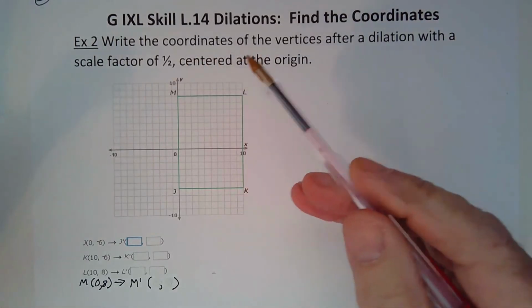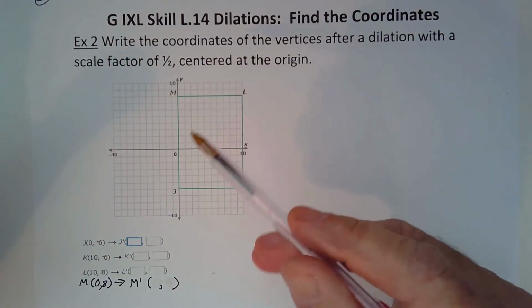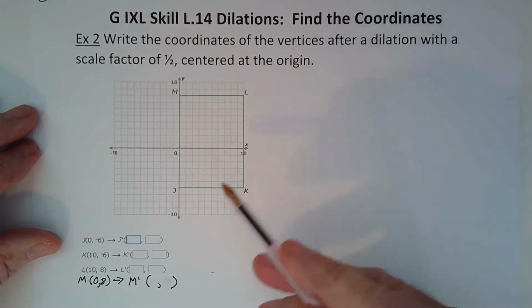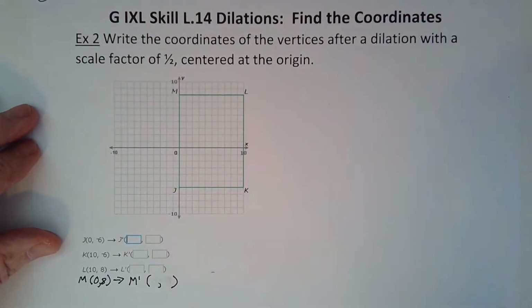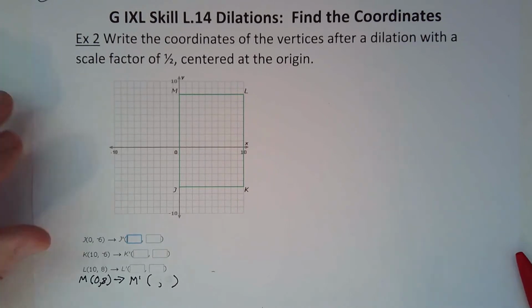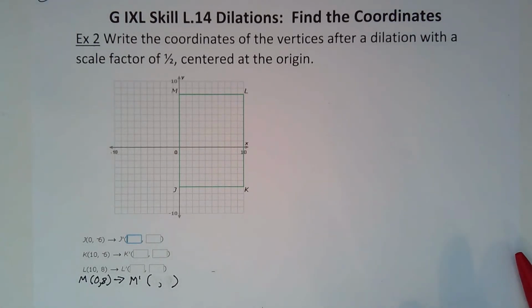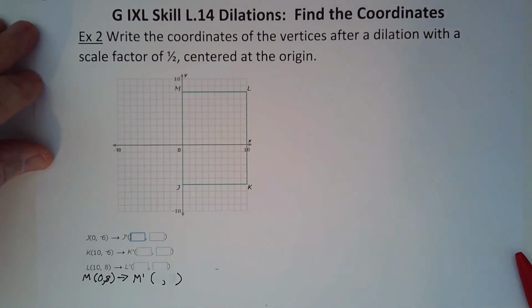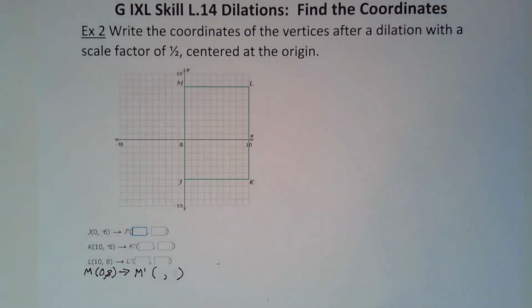So that means our scale factor is going to make our dilation get smaller. All right, and so I'm not going to bother to go through and use the enlarged example that I had before.